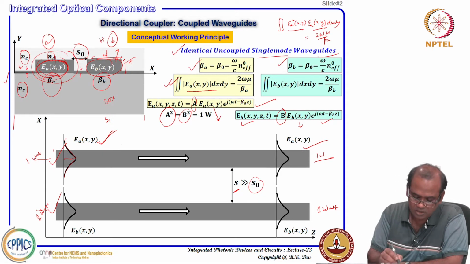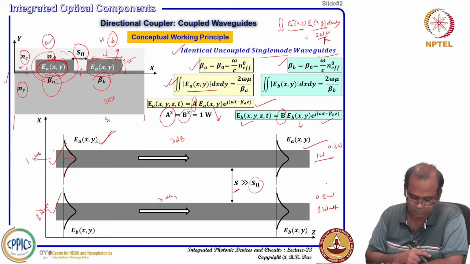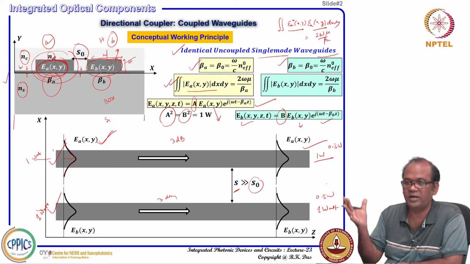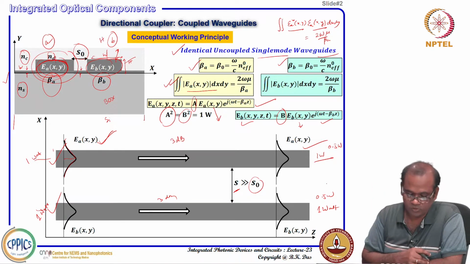Suppose there is a 3 dB loss because of scattering, etc. Then you will get 0.5 watt here, and this is also 3 dB, so 0.5 watt. Some losses there means it will be half, that is it. Otherwise, they are independently propagating. So far so good.